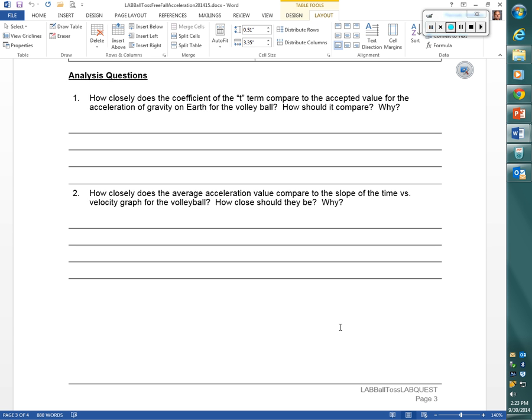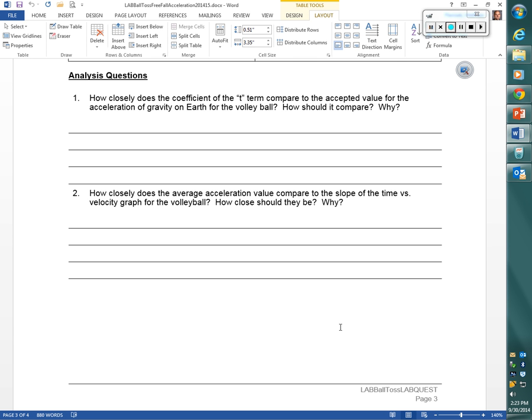All right. Number 2. How closely does the average acceleration value compare to the slope of the velocity graph for the volleyball? The slope of the volleyball graph we established was negative 9.54 something, right? The average acceleration value for the volleyball that we calculated was negative 9.342.